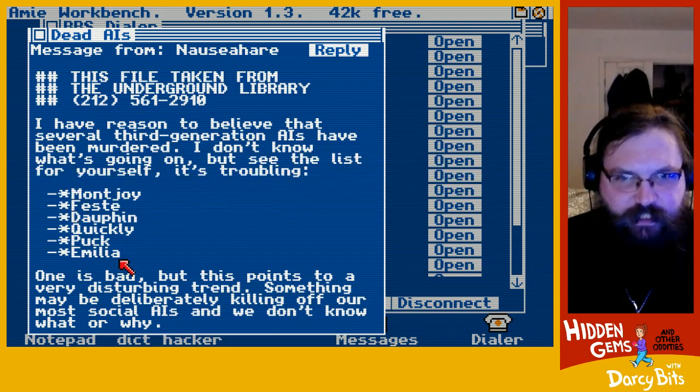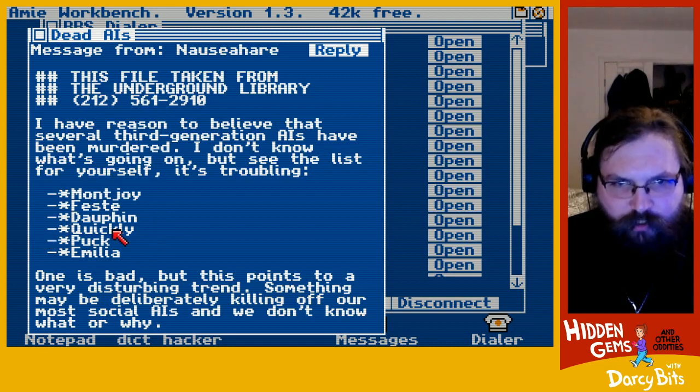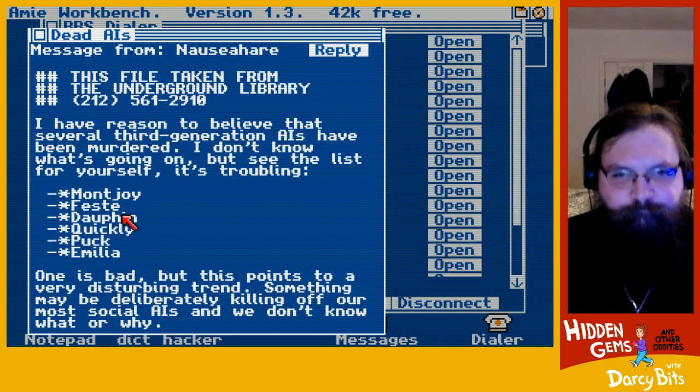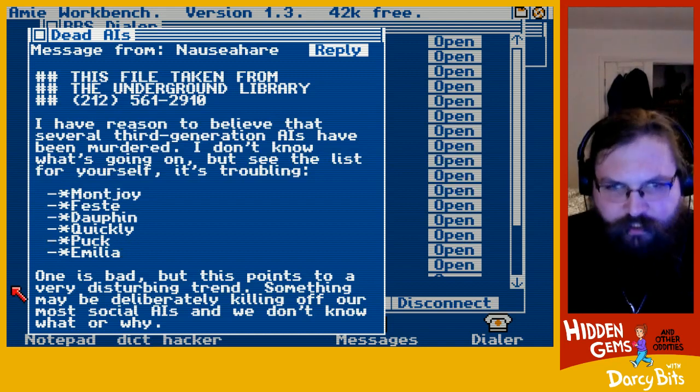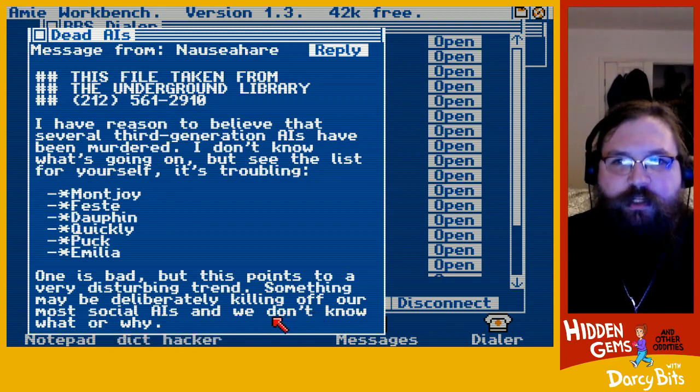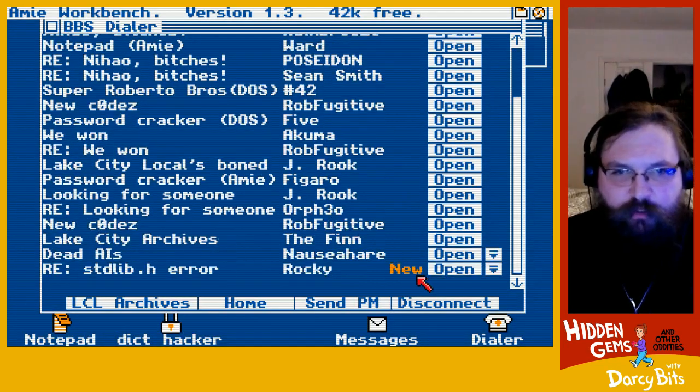Montjoy, Festy, Dauphin, Quickly, Puck, Amelia. That's Amelia. One is bad, but this points to a very disturbing trend. Something may be deliberately killing off our most social AIs, and we don't know what or why. Nausea hair? What the heck is this? Please get back to me.